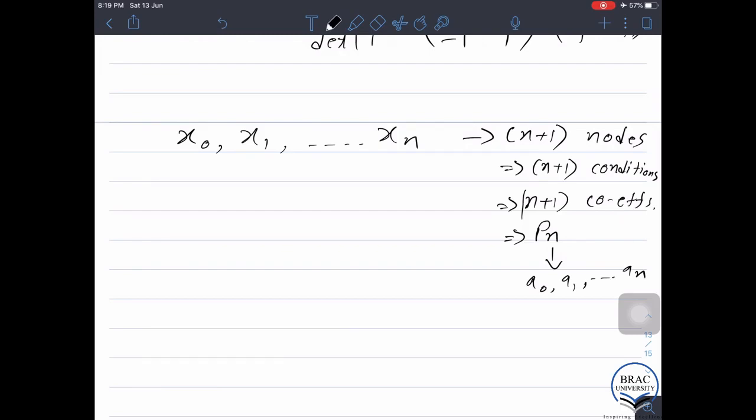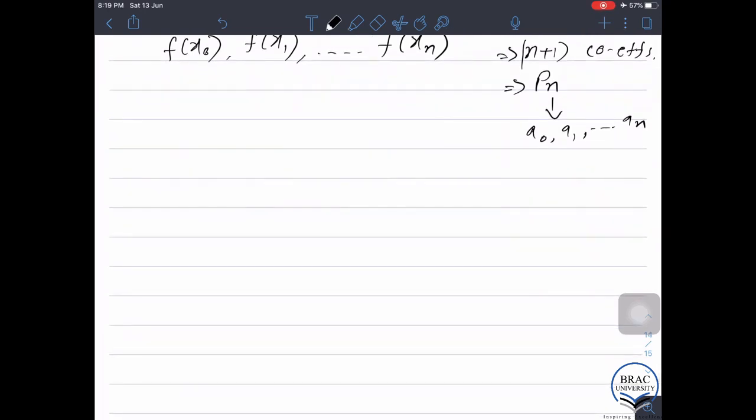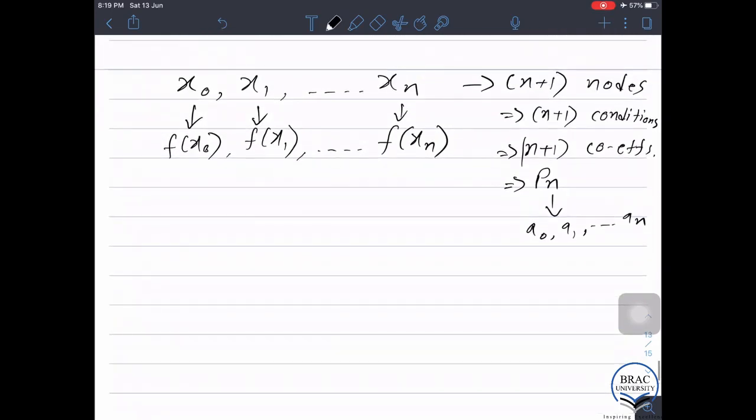So how do I calculate it in a formal manner? The way to do it is that I know these nodes. That implies that I know the value of the function at these points. So let's write down the conditions. The first condition is about the value of the polynomial at x0.